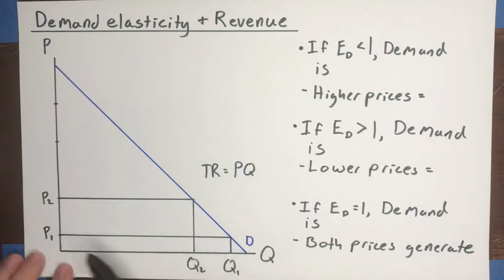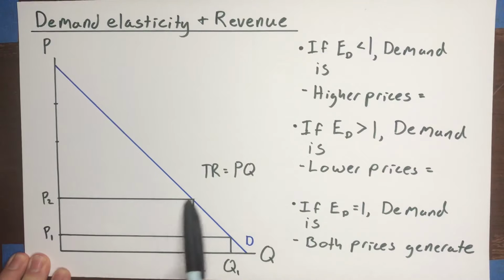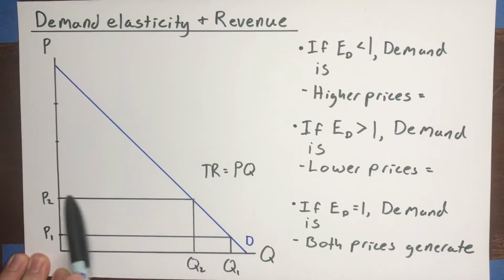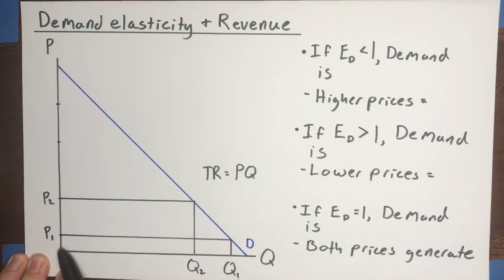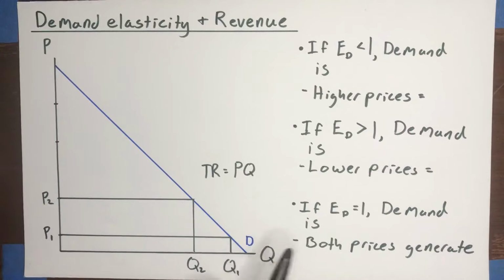If you're selling at a price of P2, this rectangle represents your total revenue. You can compare this taller but skinnier rectangle to this shorter but fatter rectangle by looking at a couple of different regions on this graph.